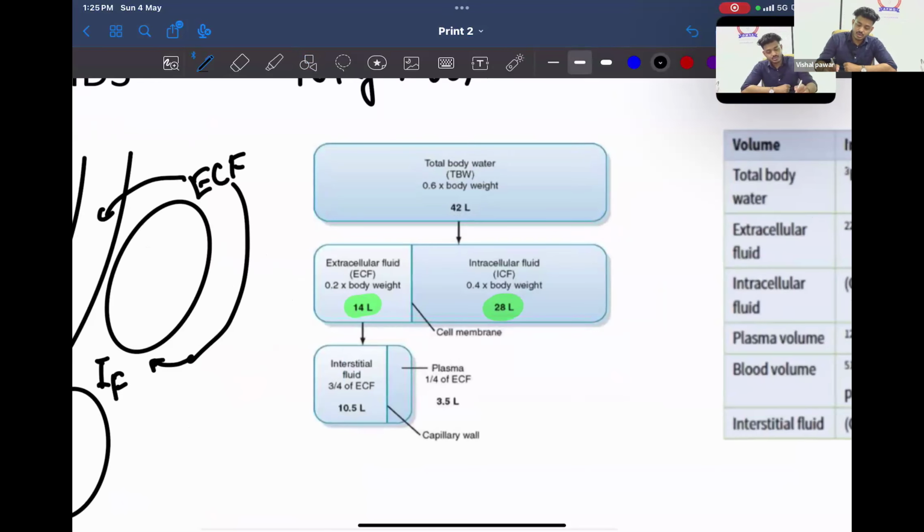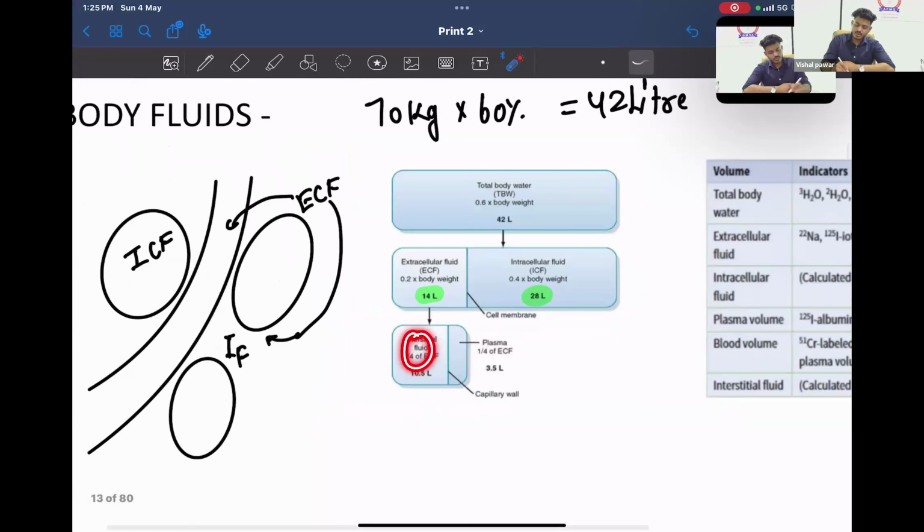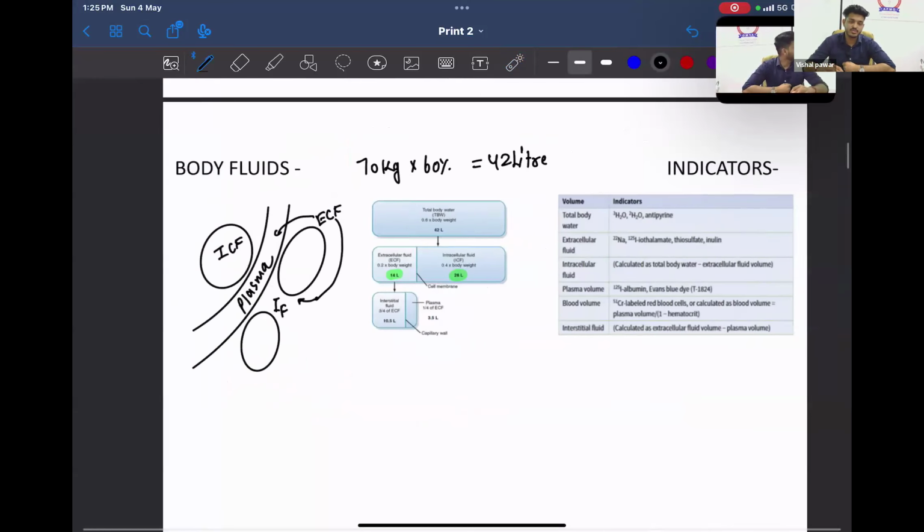You understand? So total body water, intracellular, extracellular; extracellular can be between the two cells, known as interstitial fluid, or in the plasma, that means in the blood. This plasma is going to be in the vessel, right? So this is the total body composition of a person.